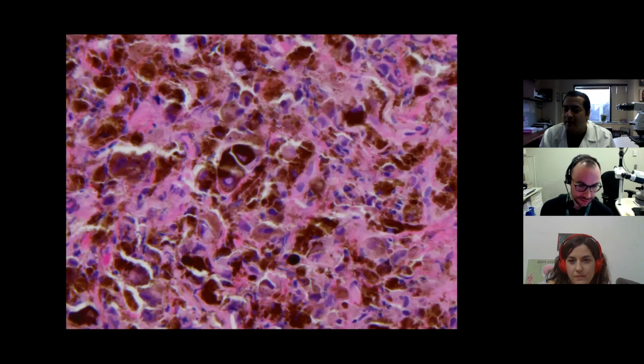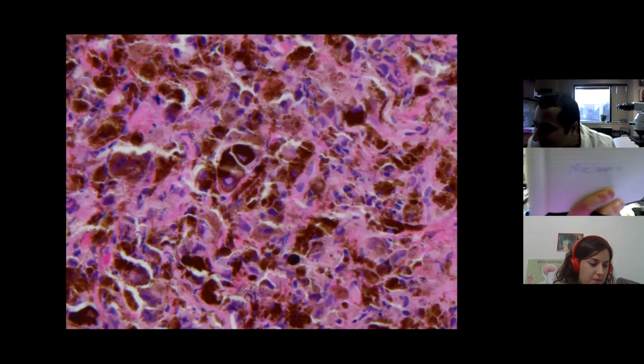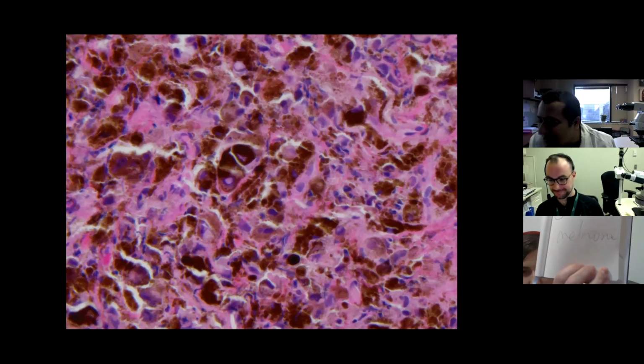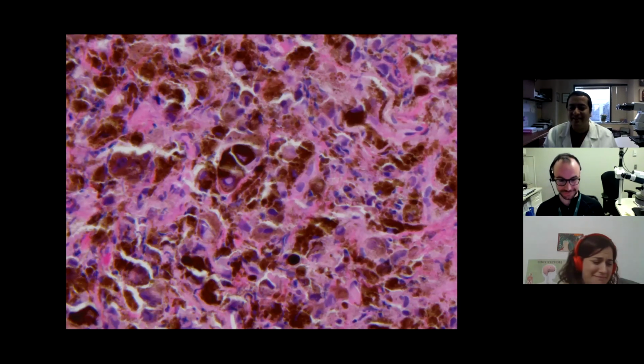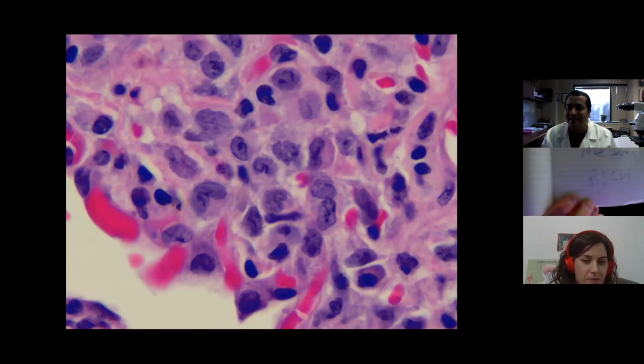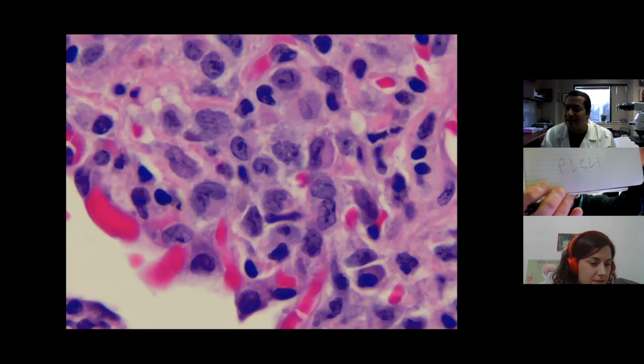62-year-old man with a skin lesion that was resected 5 years ago and now has multiple metastases in the lung. Melanoma. Thank you. Both of you are right. 45-year-old smoker with multiple bilateral lung nodules with cavitation.